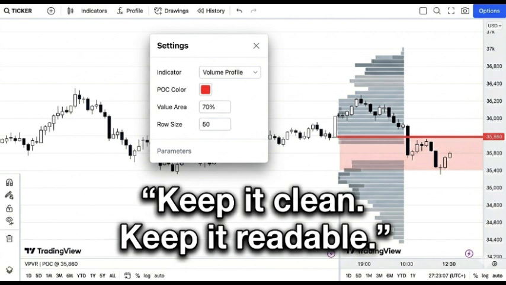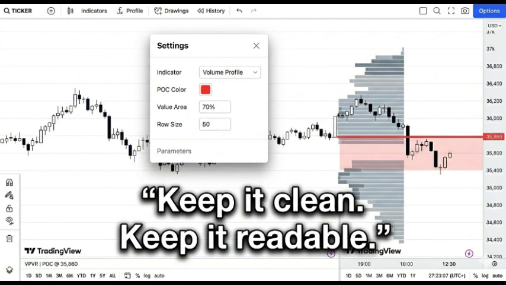Remove unnecessary indicators. Use a session volume profile if you want to study intraday behavior. Use a fixed range volume profile if you want to study a specific move. Use an anchored volume profile if you want to analyze a move from a key swing point, impulse, or major event.